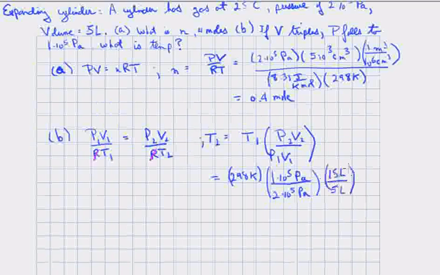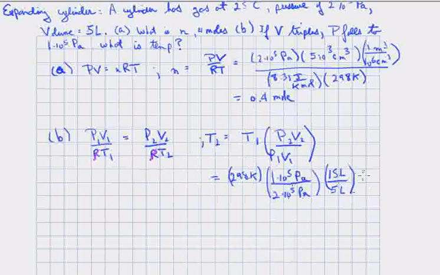Now notice how, since for pressure and for volume we can use any units we like because we're taking a ratio, the units don't matter. Always remember, however, that temperature has to be in Kelvin. And so we can see that the pressure goes down by a factor of 2 and the volume goes up by a factor of 3.